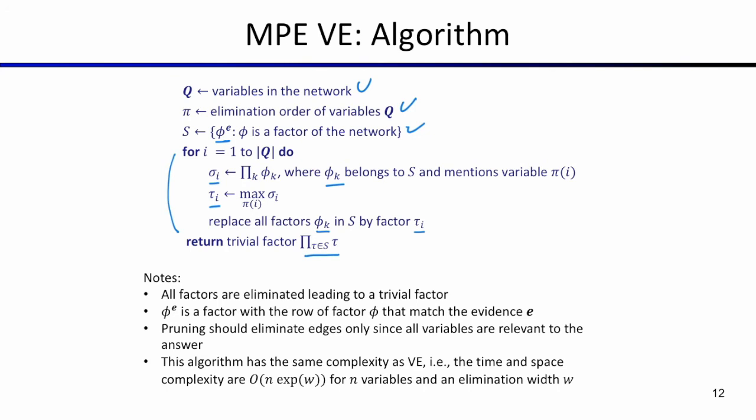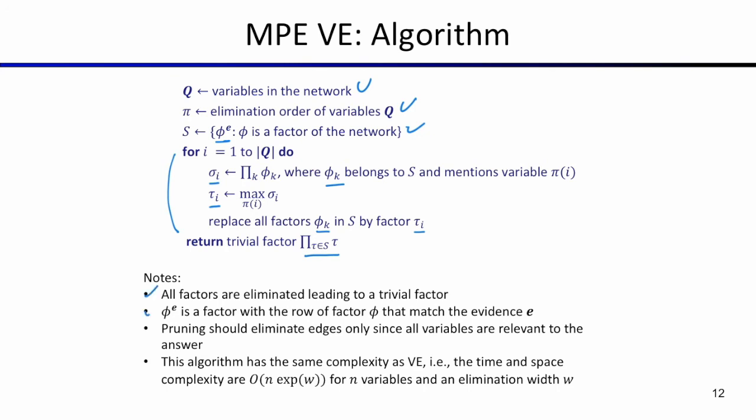So we have a few notes here. All factors are eliminated, leading to a trivial factor. That is different from what we are used to with the variable elimination we learned in the variable elimination lecture, where we only eliminated the hidden variables and kept all the query variables. Here we are going to eliminate all the query variables, and remember that the query variables are all variables in the network except the ones associated with evidence.